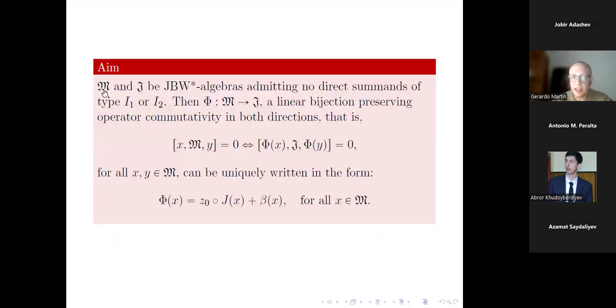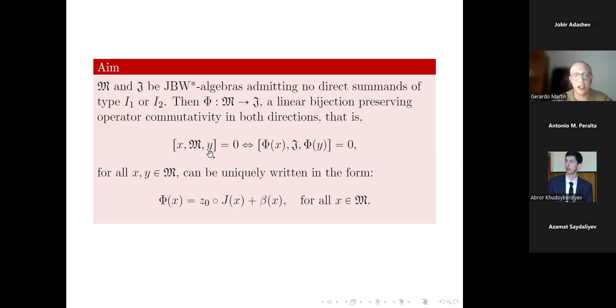So the aim in this case is to consider two GBW-star algebras M and J admitting no direct summands of type I1 or I2, and take a phi, a linear bijection preserving operator commutativity in both directions.